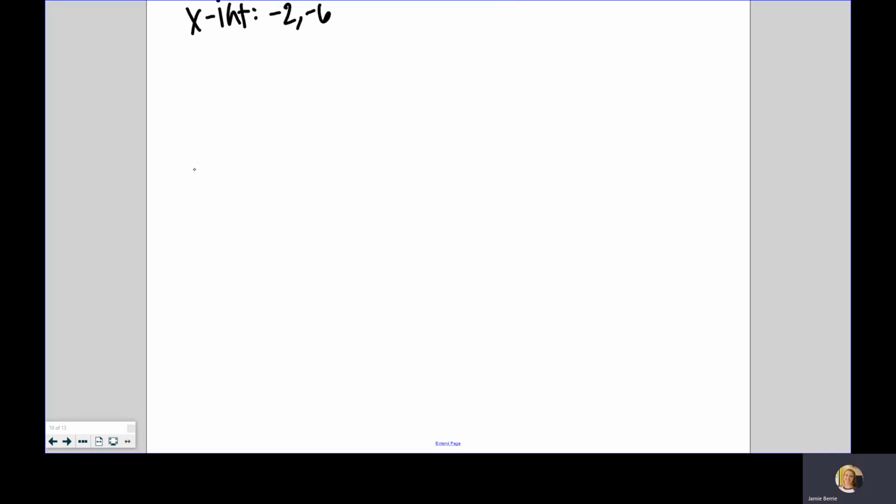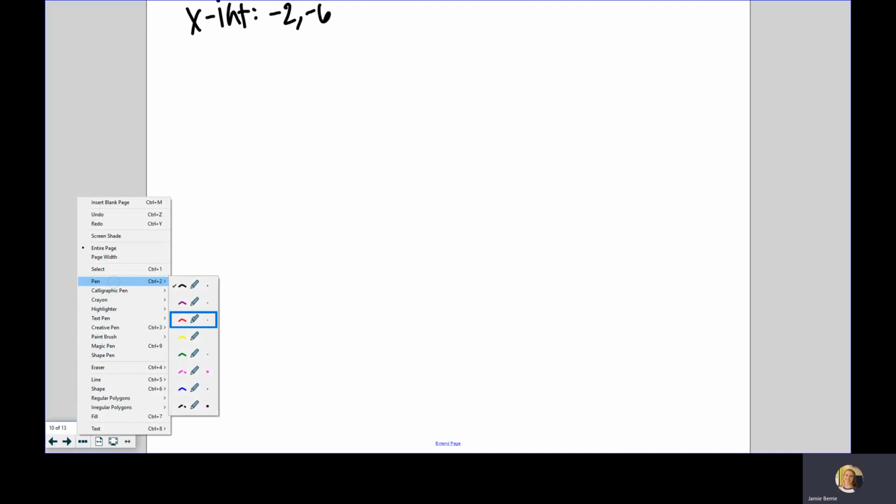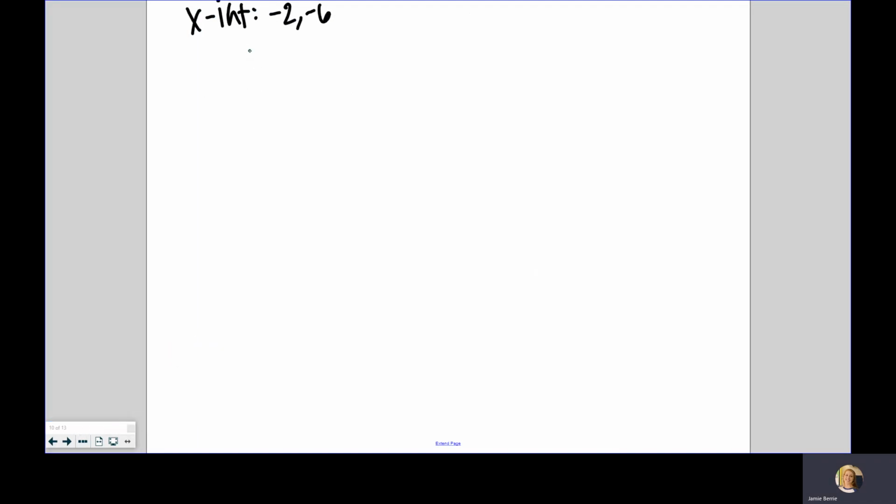-2 and -6. Okay, so this is a little template for you to follow whenever you do this on your own. If you're using the method of using the x-intercepts, then you want to start off with this little template. It says that your quadratic function can be written as f of x equals a times, and then you're going to have these 2 little binomials. We have x minus, and x minus.